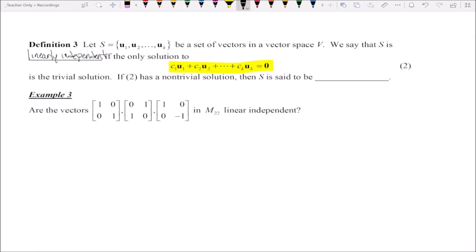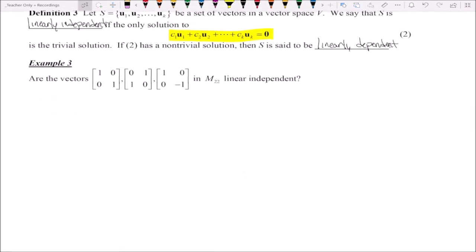If that system has a non-trivial solution, then S is said to be linearly dependent. And so in other words, if you're to write the additive identity as a linear combination of the vectors in S, then the only way you could do that is if all of the constants were 0. Any other way of writing the additive identity means it's a linearly dependent set.